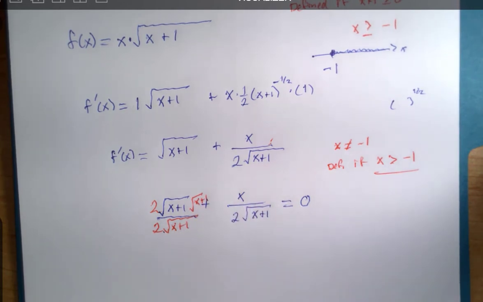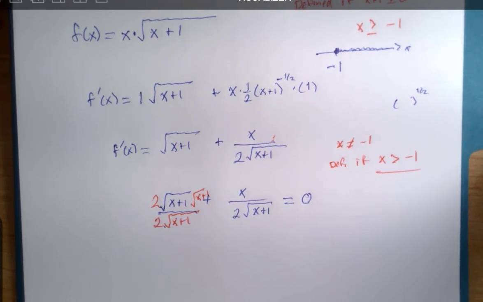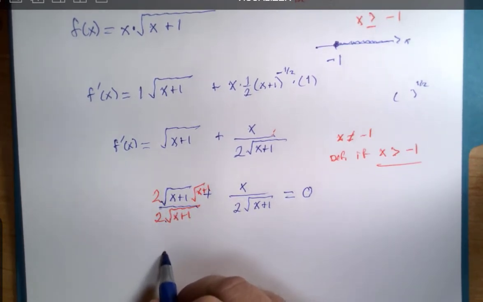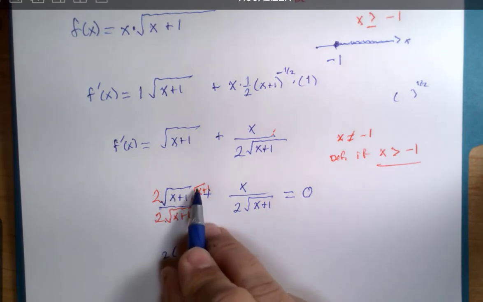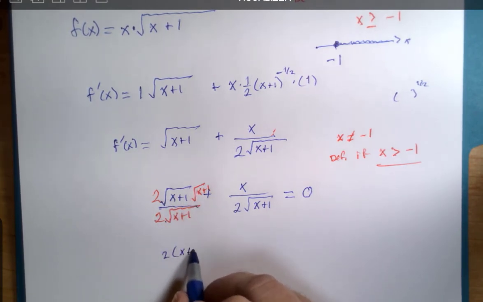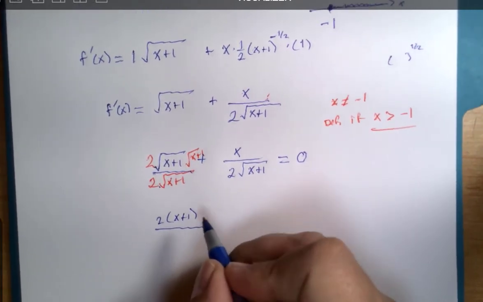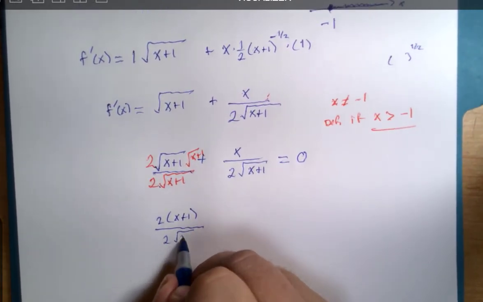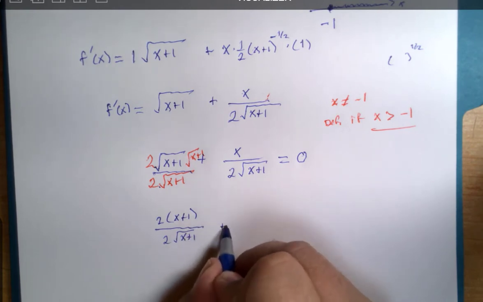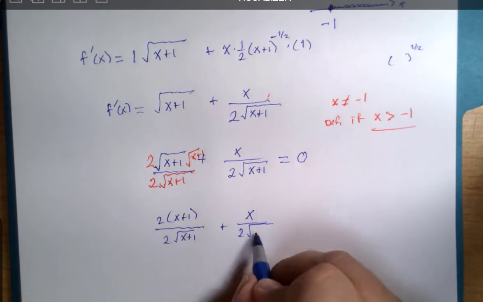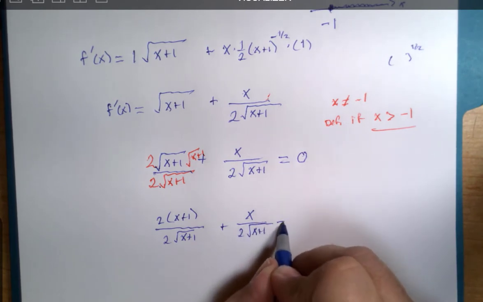Your guys' paper never did that, did it? Then I end up with 2 times square root times square root. That'll be just x plus 1 to the first power. And that's 2 root x plus 1 plus the second fraction, 2 square root x plus 1 is 0.